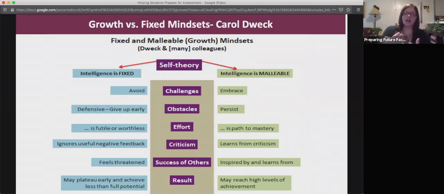What I mean by that is, if I walk into a math class and I already think I'm no good at math, I've already fixed my mindset that I'm probably not going to do very well in this course because I'm not good at math.